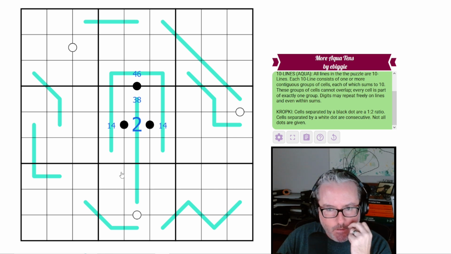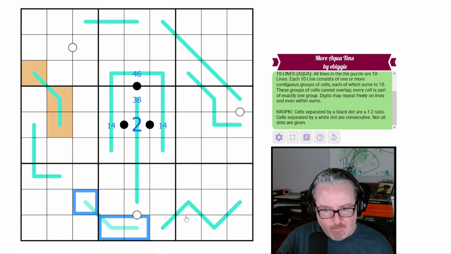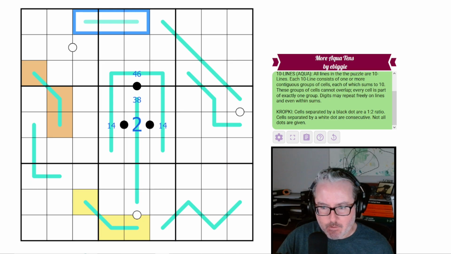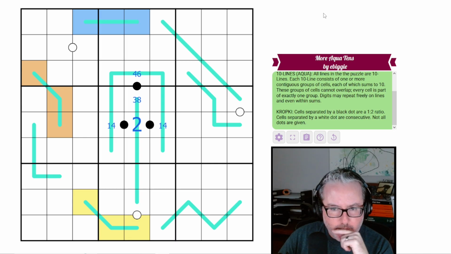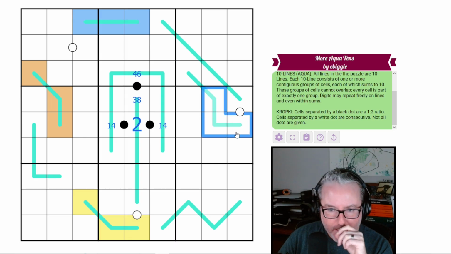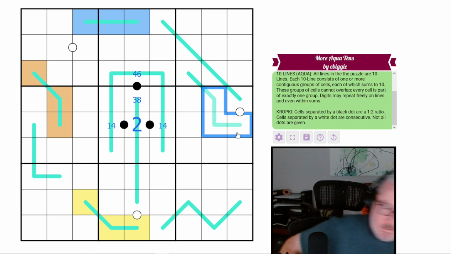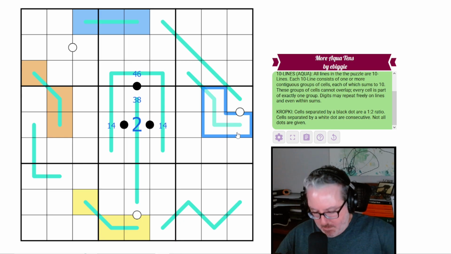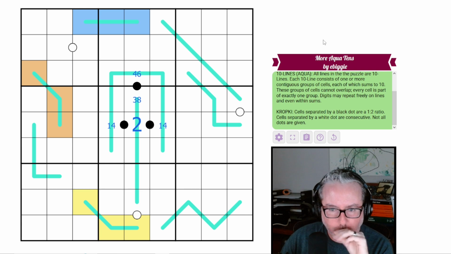Well, let's do some coloring here, just to try to think something else through here. Again, we don't know anything about these guys. We don't know anything about how these are situated. At least I don't think we do.